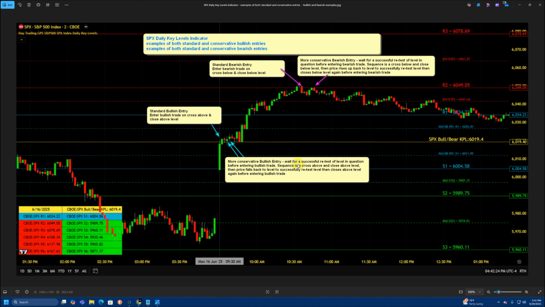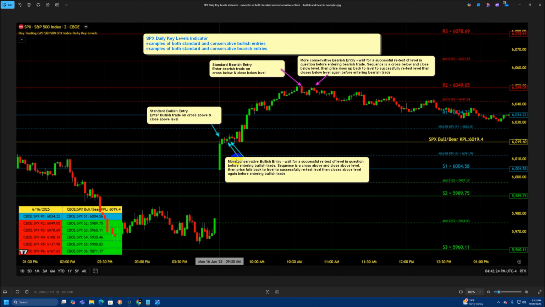On this more conservative option, the sequence is you have a cross above and close above the level, which we have here, followed by price falling back to test the same level successfully, meaning it's coming back down, it's not closing below the level, it's successfully retesting the level and closing above the level. So it's cross above, close above, fall back to retest on a bullish trade, close again above that level. That is your conservative bullish entry that requires a retest.